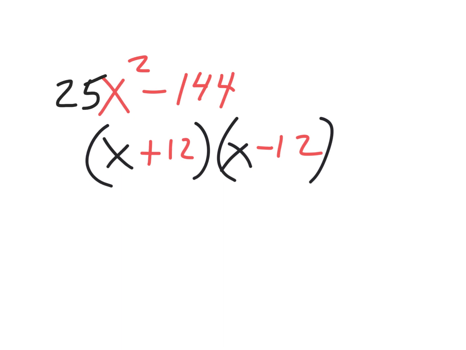Then you can just put something in your factors. Everybody think for a second and try to think of what you'd change here. Sophia, what do you think we'd change? Yes, 5x and 5x.